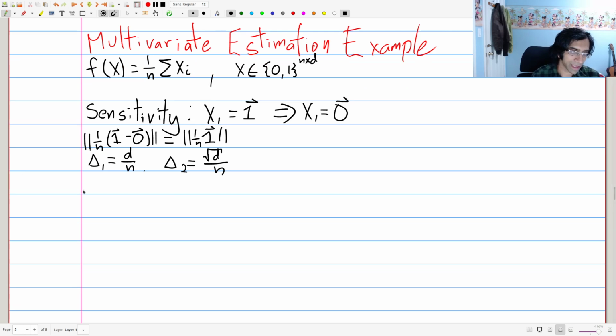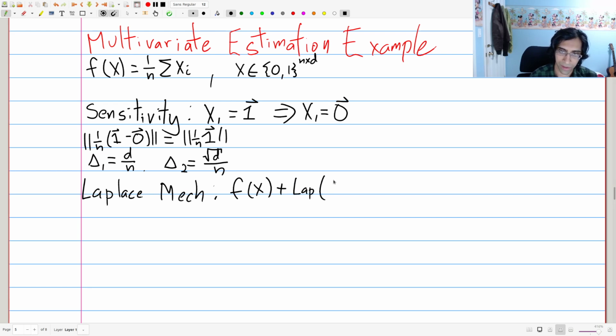So if we wanted to use the Laplace mechanism, we would take f of x plus Laplace noise of magnitude d over epsilon n, raised to the tensor power d.